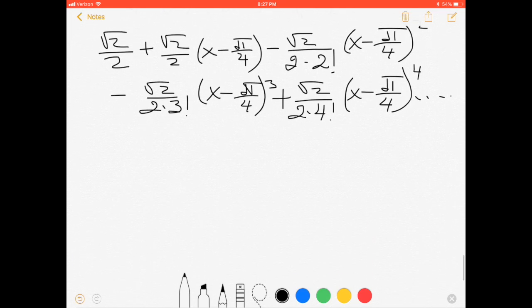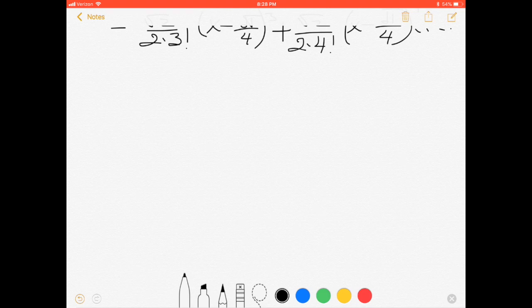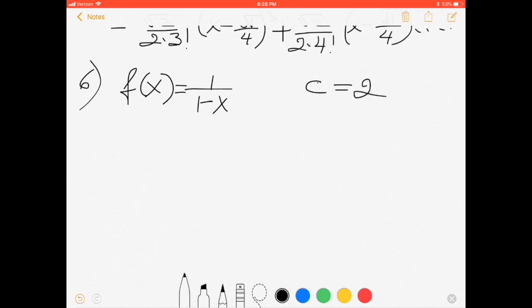Next, number 6. They ask us to find the Taylor polynomial for the function 1 over 1 minus x at c equal to 2. Well, I think we don't need to do derivatives. We can do it without any derivative.